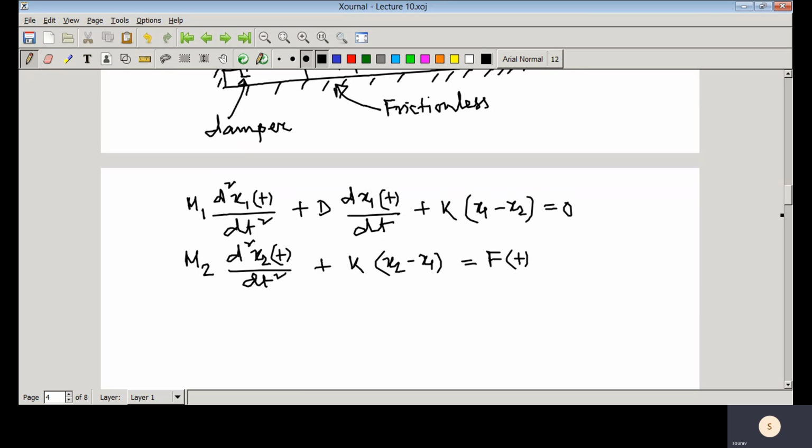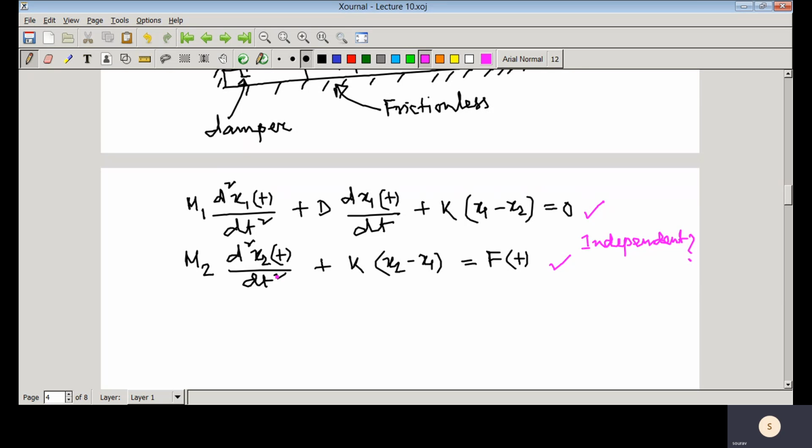One important thing is, as the dynamical system is described by two differential equations, we first need to understand that these two differential equations are independent. Independent means those coefficients are not just multiplication factors.